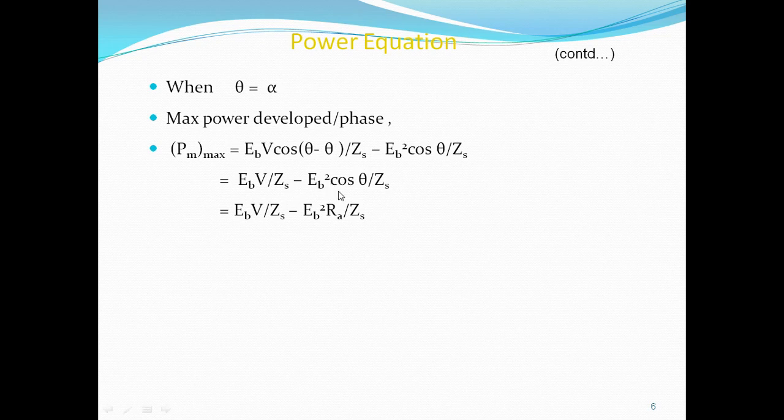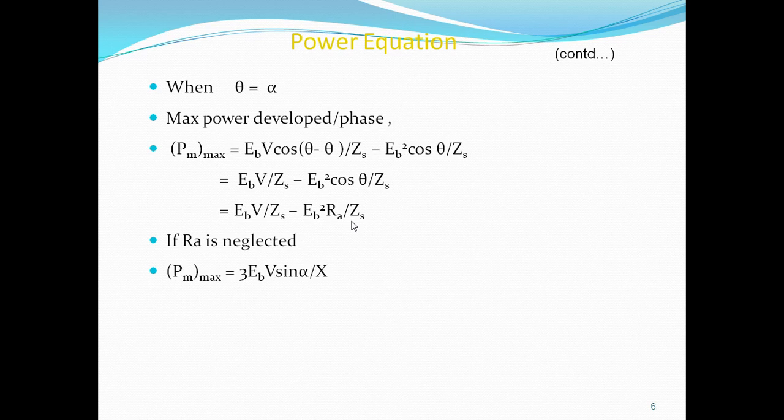What is the cos theta value? Cos theta value is Ra by Zs. So substituting in this equation, Eb into V by Zs minus Eb square Ra by Zs squared. The second term can be neglected because Ra value is very small, like 0.01, less than 1.